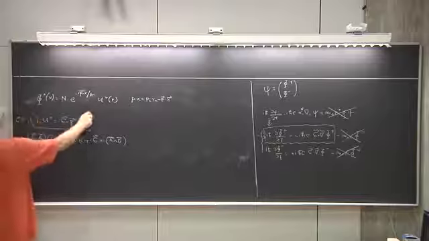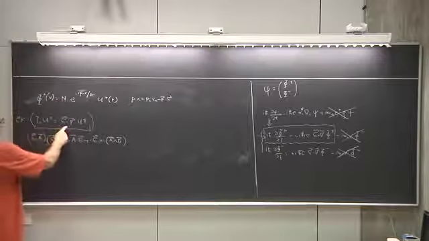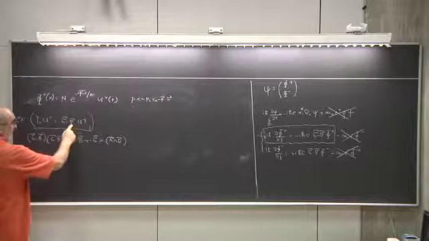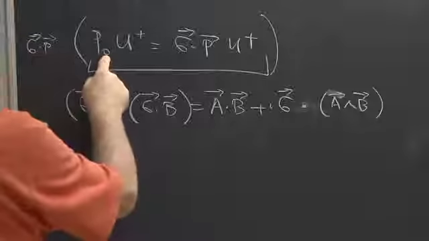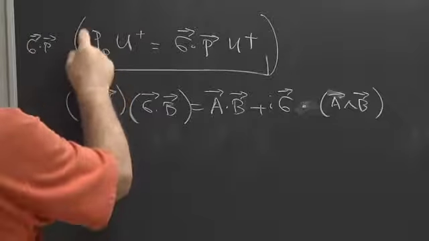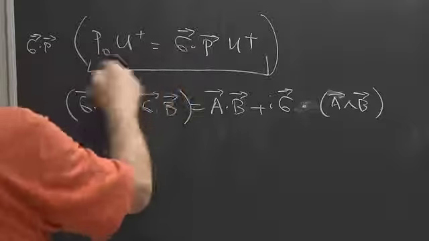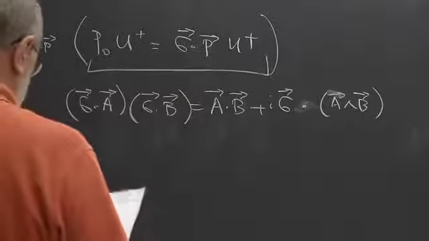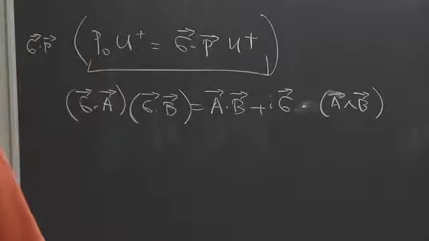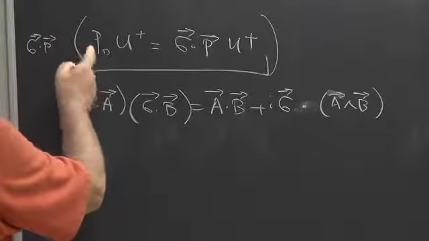If you do that, on the right-hand side you use this identity and you get p squared. On the left-hand side you use this, and then replace pi0 with this, and you get the same thing again two times.